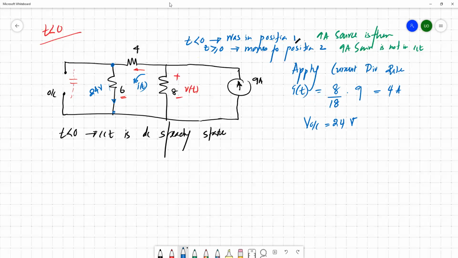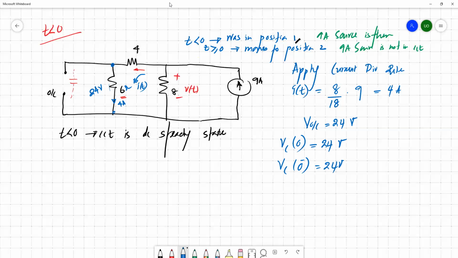So this is like 4 amperes and this is 6 ohm, I into R, 24 volt. So from this we can claim that VC(0) equals 24 volt. Or, very precisely, we can claim that VC(0 minus) equals 24.